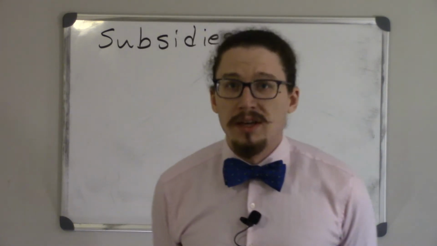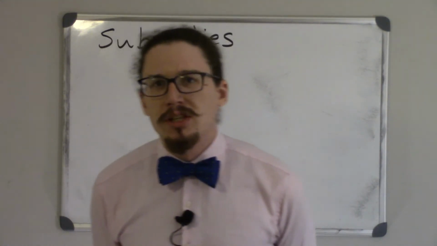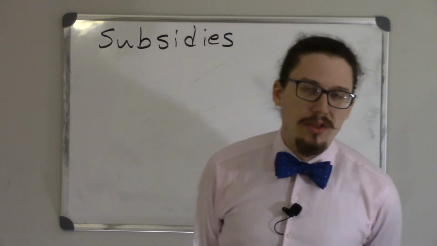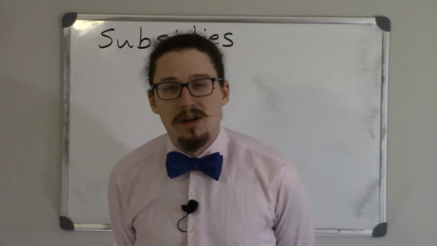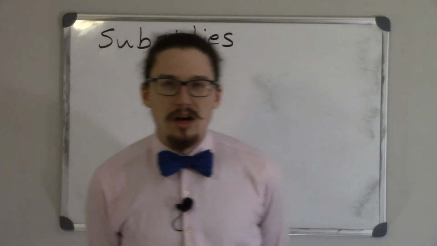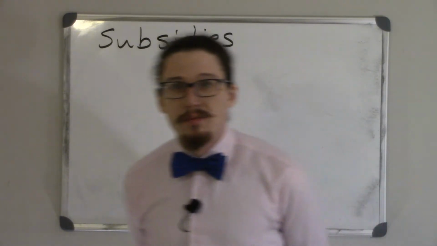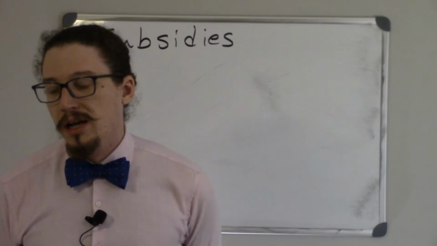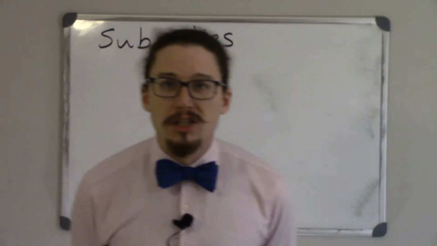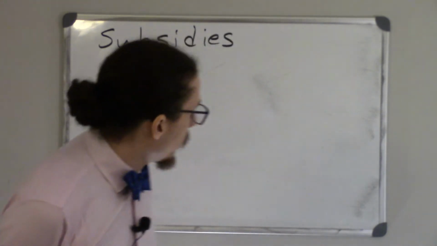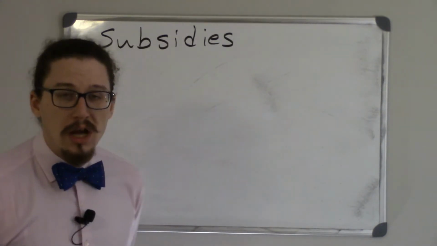It's also going to depend on which government agency is doing it. I know that when President Obama was in office, there were a lot of subsidies for green initiatives, so green technologies, alternative power sources, wanting to encourage development of technology that will move us away from fossil fuels. So that is what subsidies are generally used for.